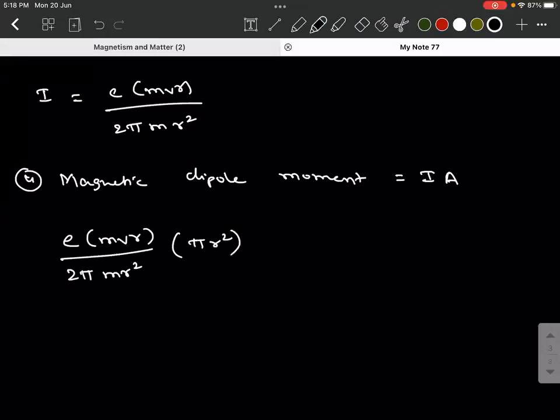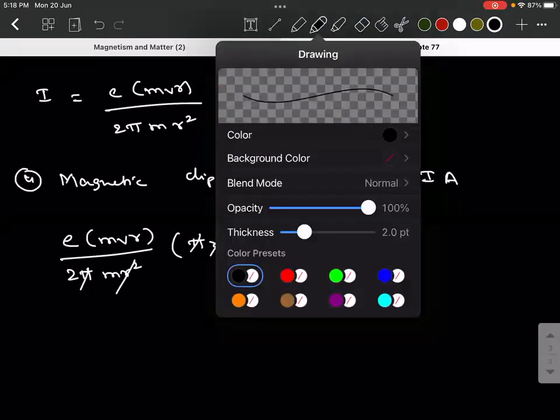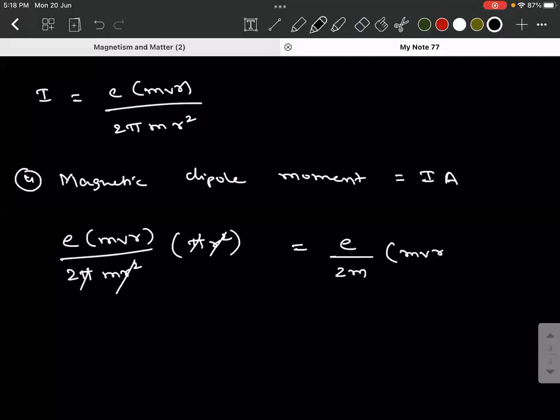Pi R square. So R square and R square will get cancelled. Pi and pi are also lost. So can I write it as E divided by 2M into MVR? Can I write it like this?